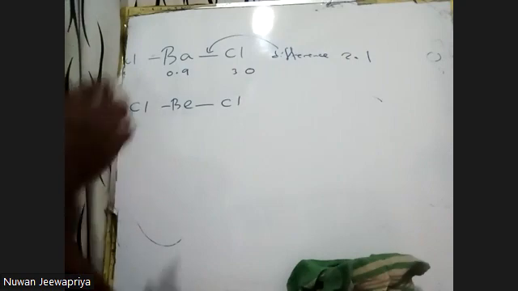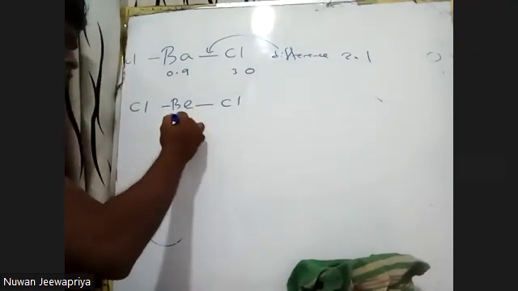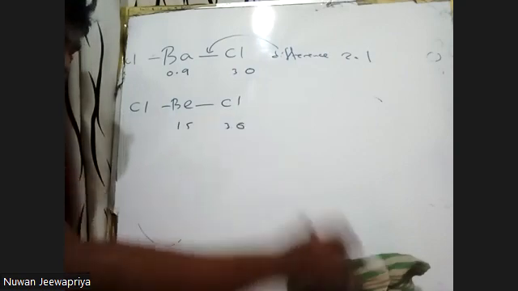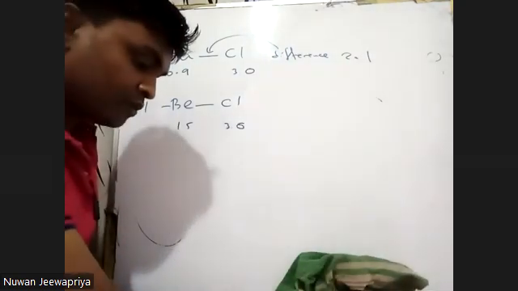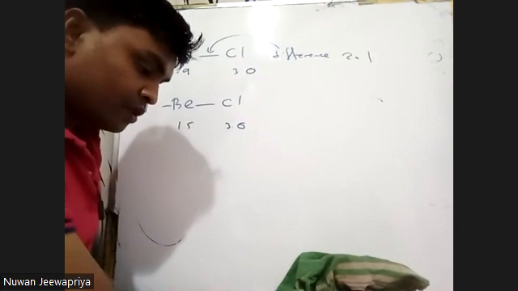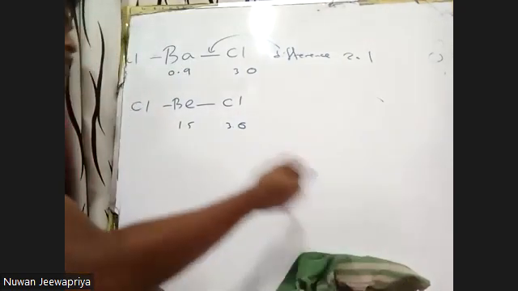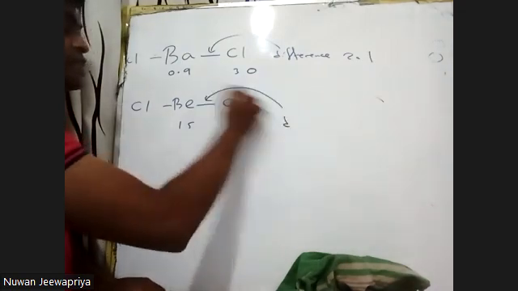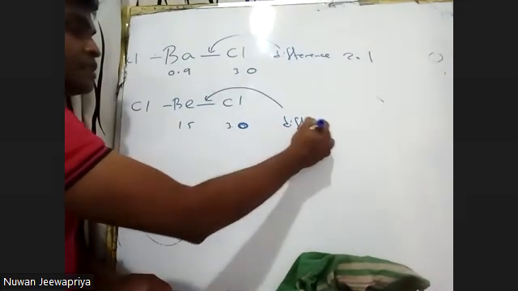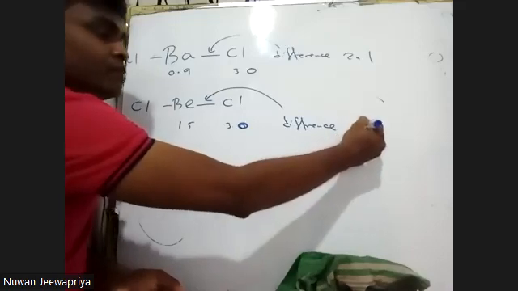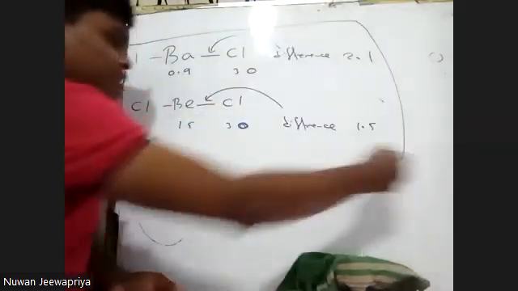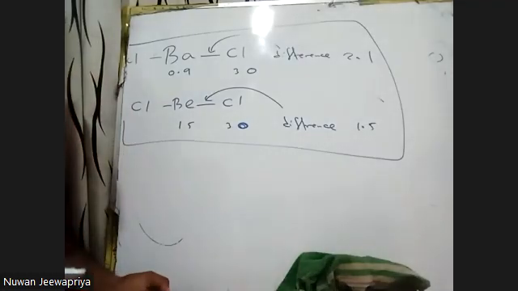Right? Beryllium is 1.5, chlorine is 3.0. So the difference here is 1.5, right? Those things we can get from the table given.